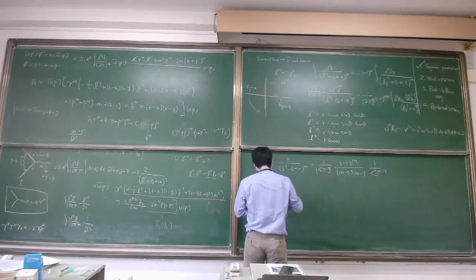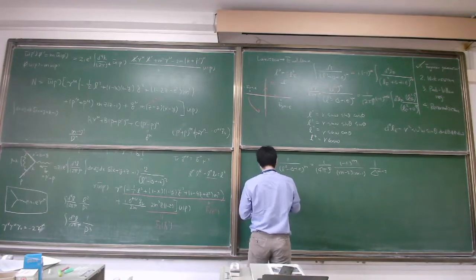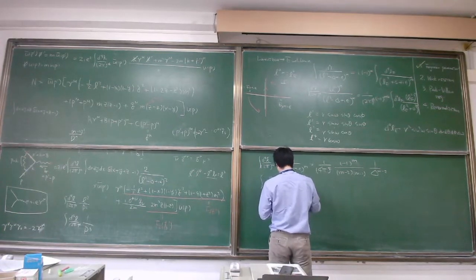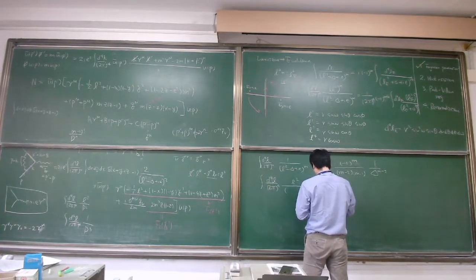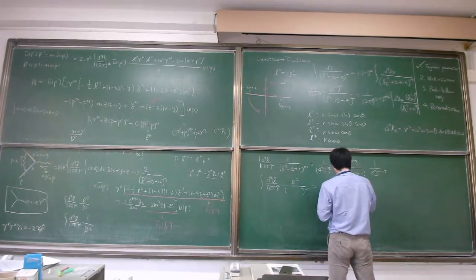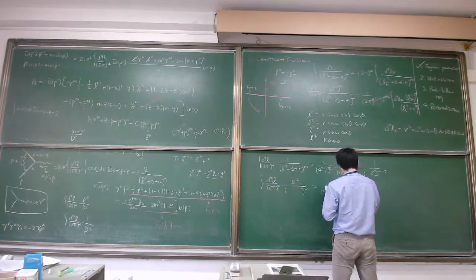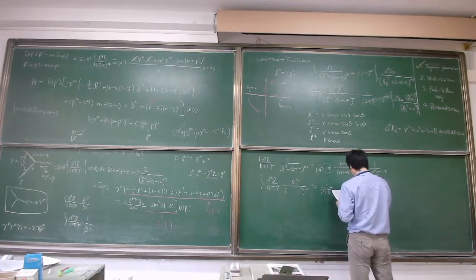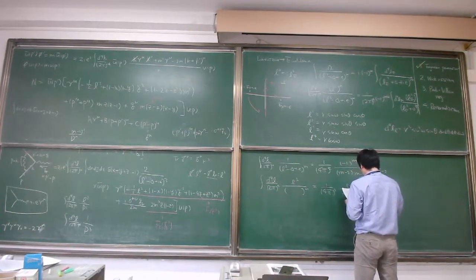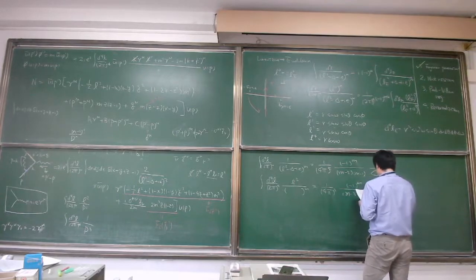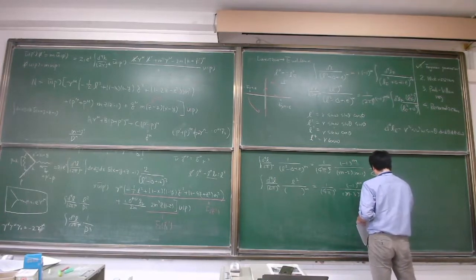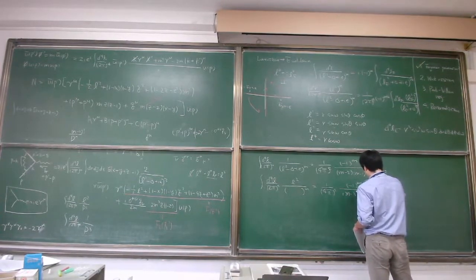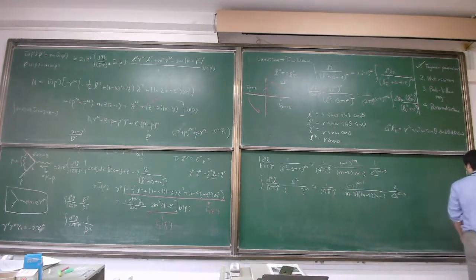After the Wick rotation, one can perform the integral, i over 4 pi, minus 1 to the m plus 1, like this.